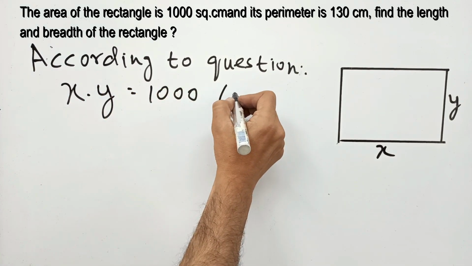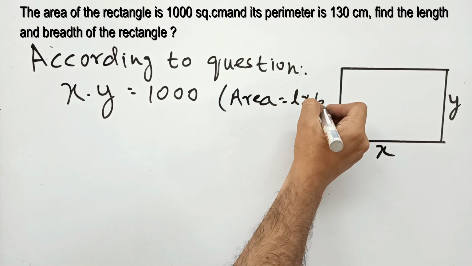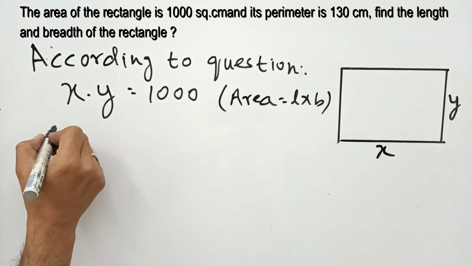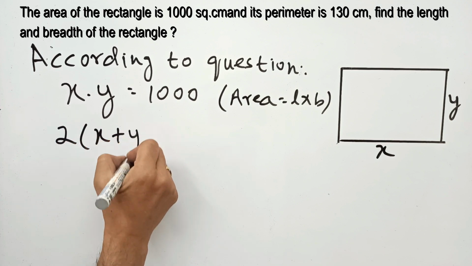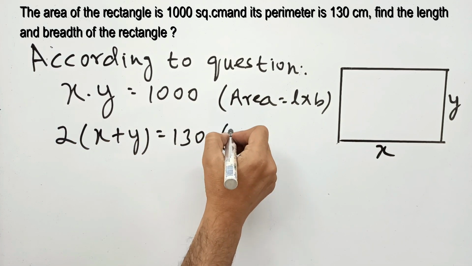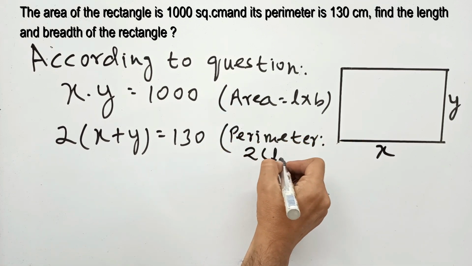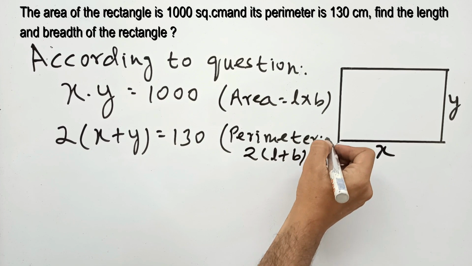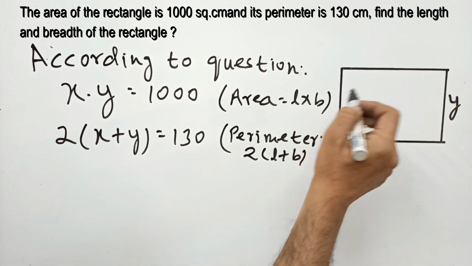We can mention here area is equal to length into breadth using this formula. And the perimeter means 2 times the sum of the dimensions is equal to the given 130. 2 times length plus breadth, this is the perimeter formula.